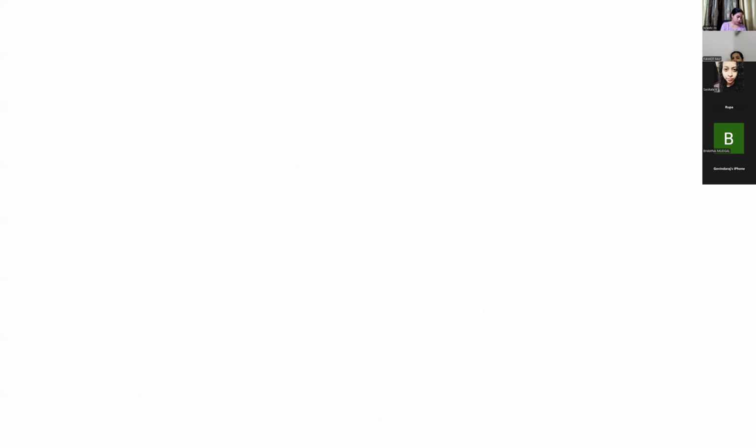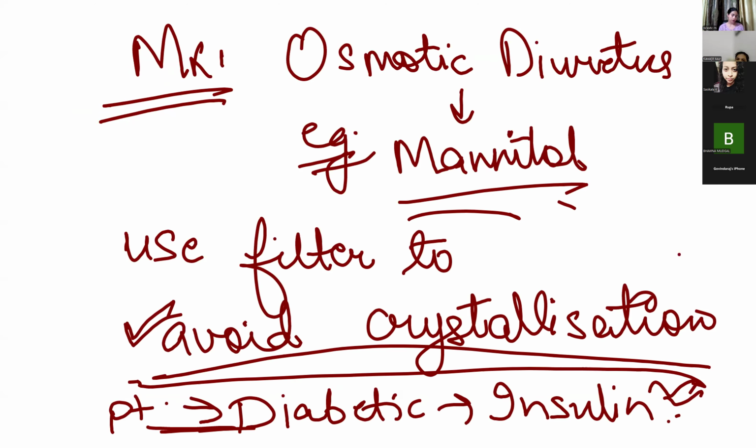Now I will give you the side effects of mannitol. Ma'am, can you say it again, please, regarding the mannitol? Sure. So now mannitol is a type of osmotic diuretic. First thing which you need to keep in mind is you need to use a filter. The reason being the filter will avoid crystallization.